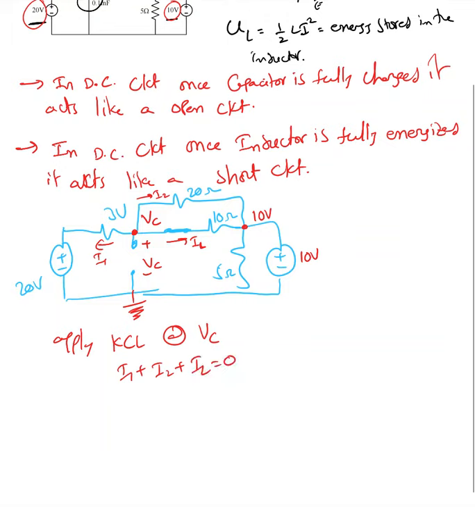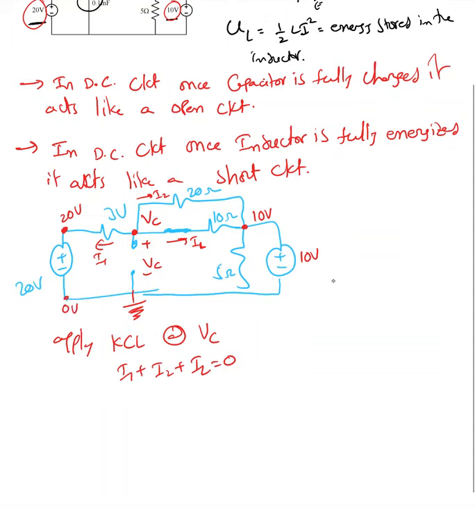Is it possible to have every current leaving that junction? No, for sure at least one of the currents is coming in. So once you calculate I1, I2 and IL, one of the currents is going to be negative. Most probably I1 is going to be negative because I have the voltage source there. The voltage at this point is 20 volts because the voltage here is 0 volts.